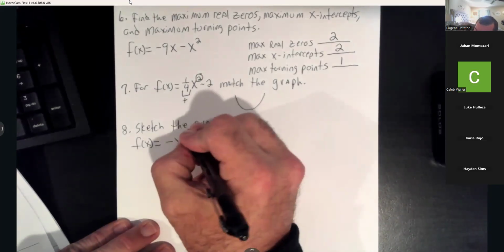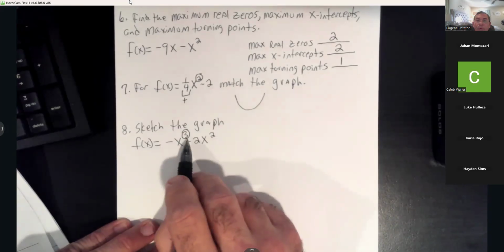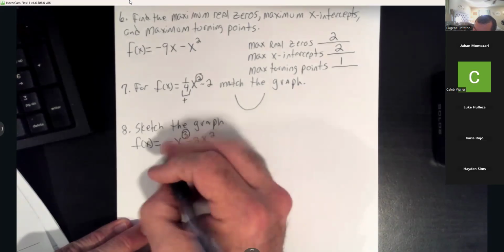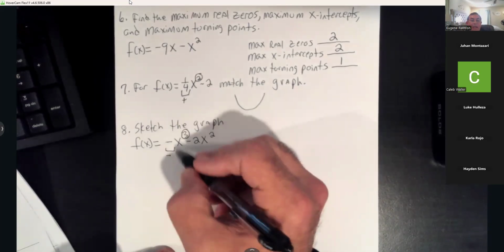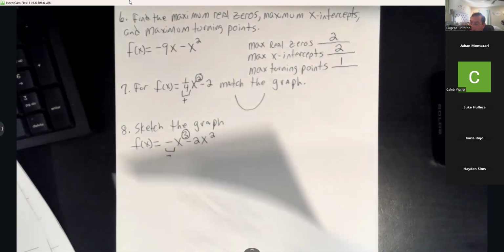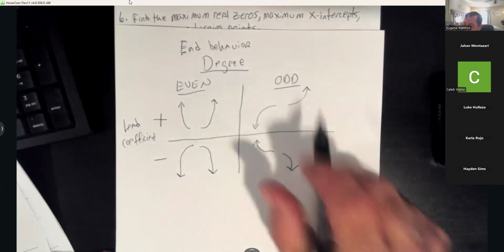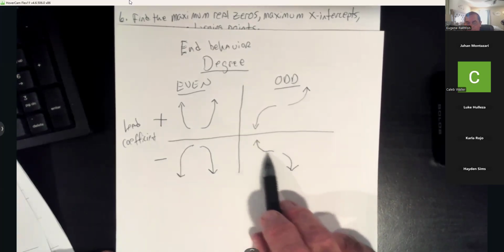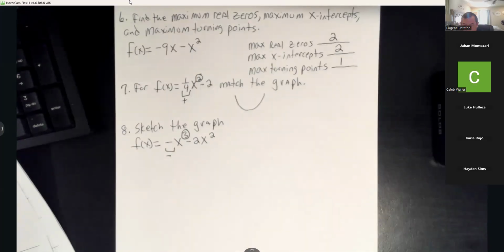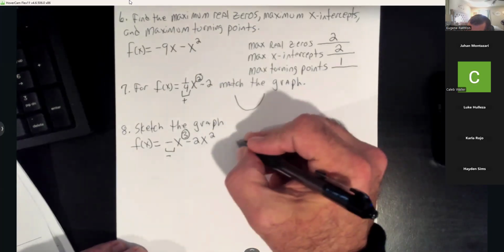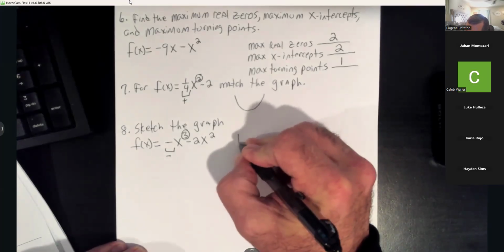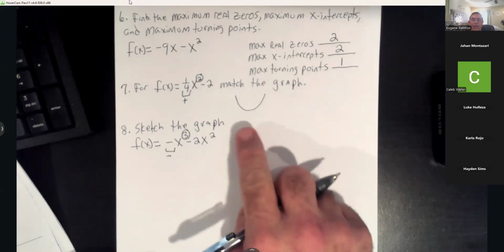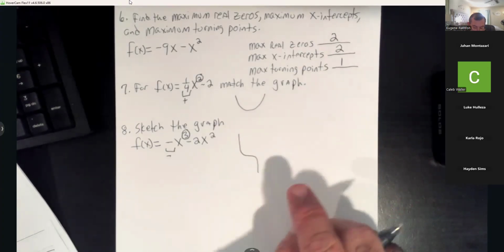So y'all, this time, my degree 3 is odd. My lead coefficient here is negative. It's like a -1. So it's odd and negative. So y'all, odd and negative would be this slot, which is downhill. So that graph, I would choose the one that looks like it's going downhill, left to right.